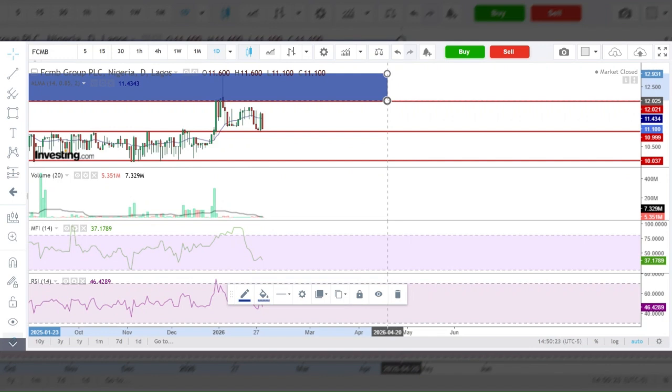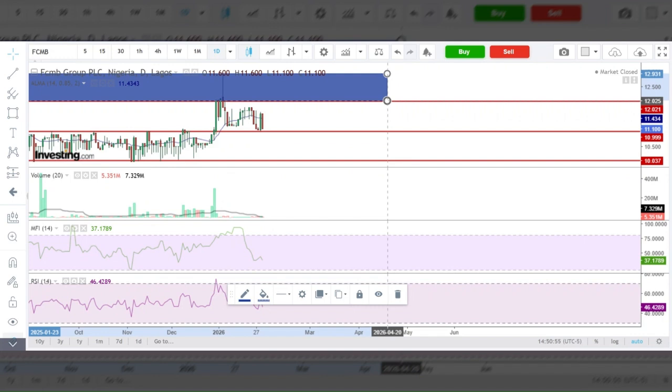We also have Presco and Okomu Oil. I rated those stocks on their fundamental analysis, from 85% and above, because some have 90, some have 100. Those are very good stocks that I think have potential based on the earnings that just came out.